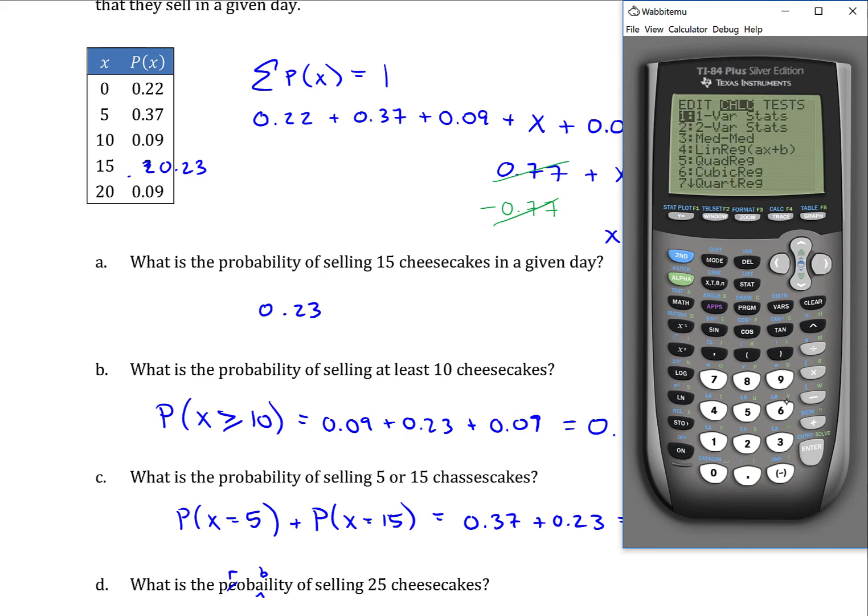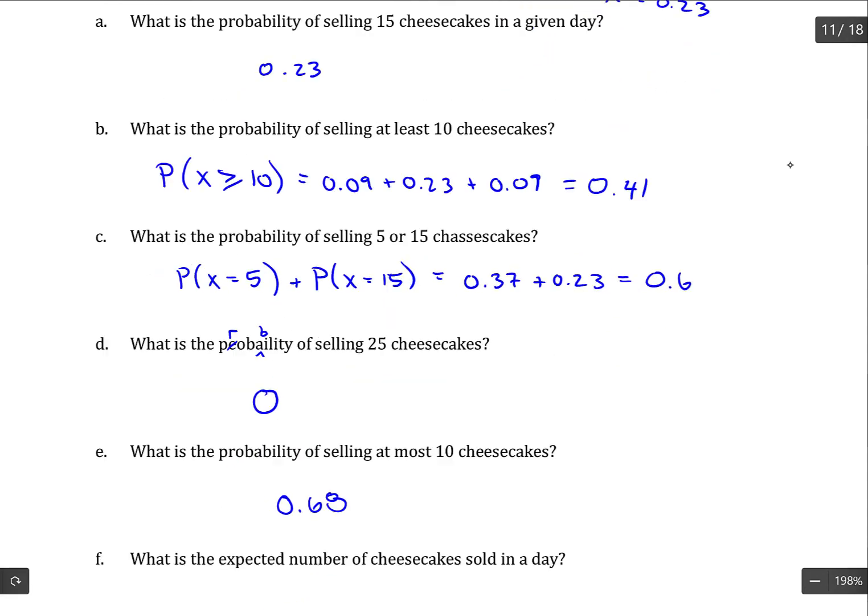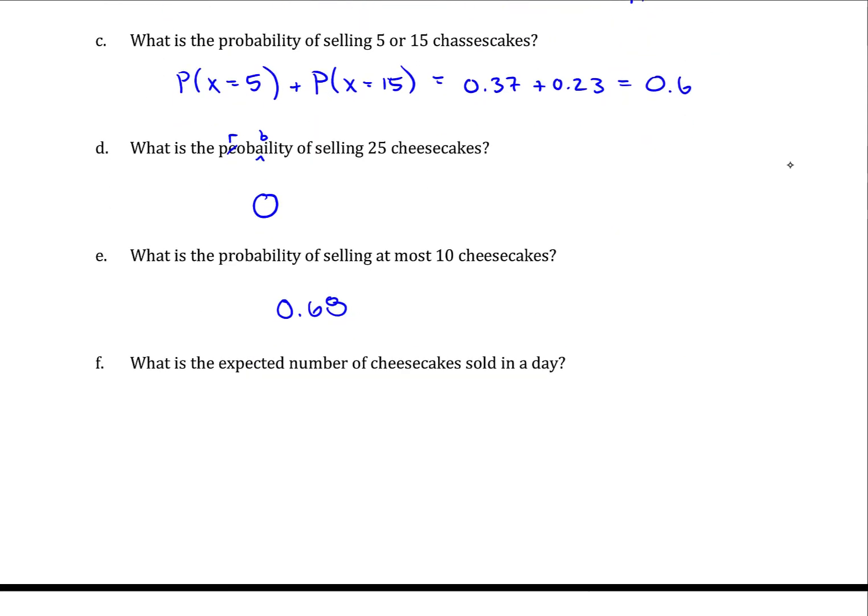Then I would use one_var_stats, which can help me find a weighted mean, which is what we need for grouped data, taking care to make sure I enter L1, L2, so that the mean of this distribution is 8. And that would be the expected value.